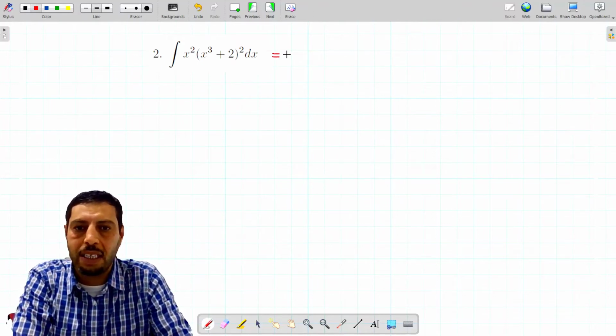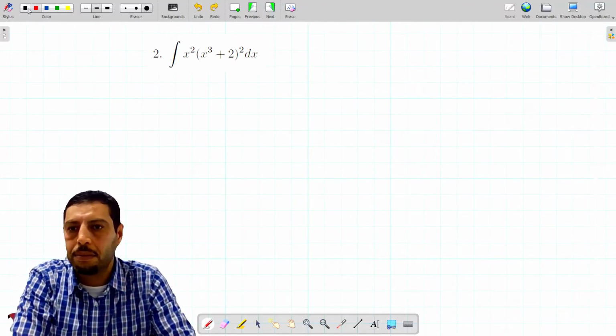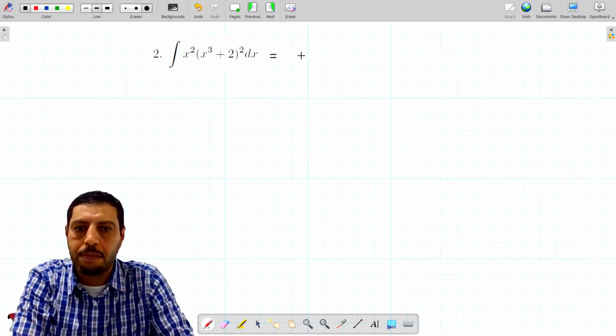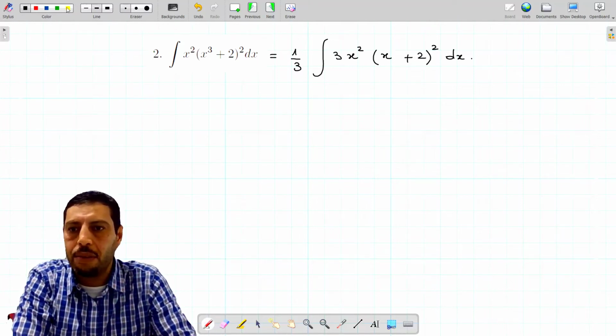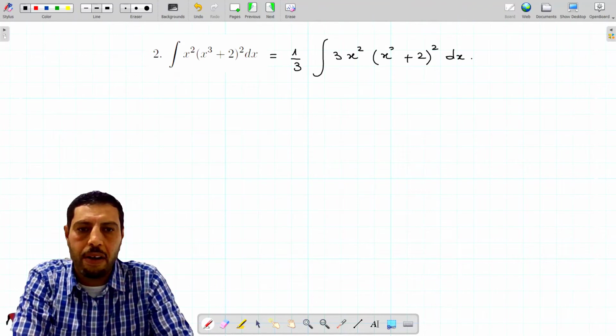So we're gonna write it as 1 over 3 times the integral of 3x squared times x cubed plus 2 squared dx. And here we can see clearly u prime u to the power of n.